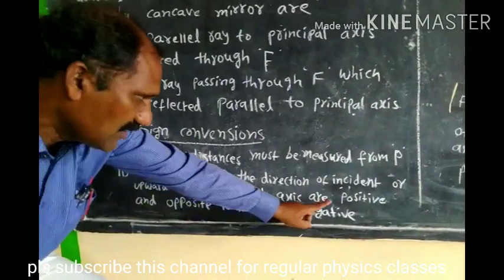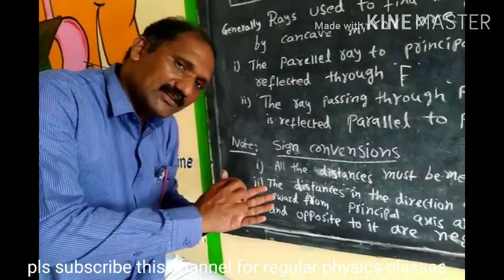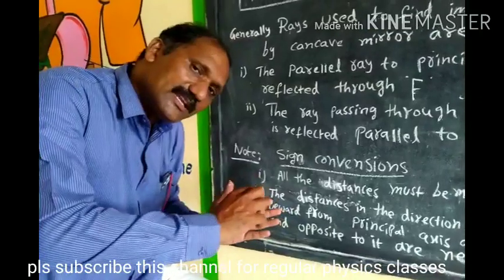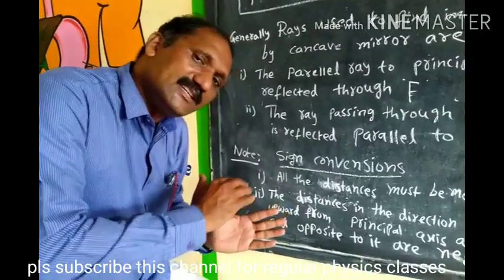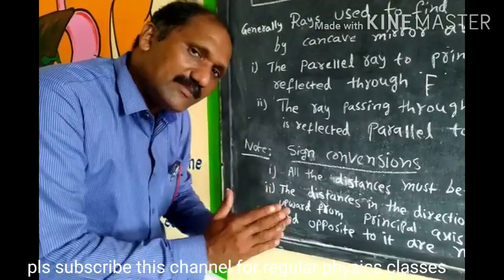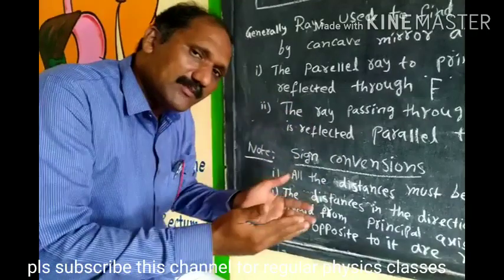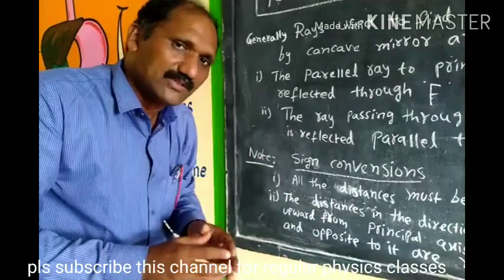axis are positive. It means if the measurement is taken in the direction of the incident ray, it is positive, and if the height is taken upward from the principal axis, it will be positive.